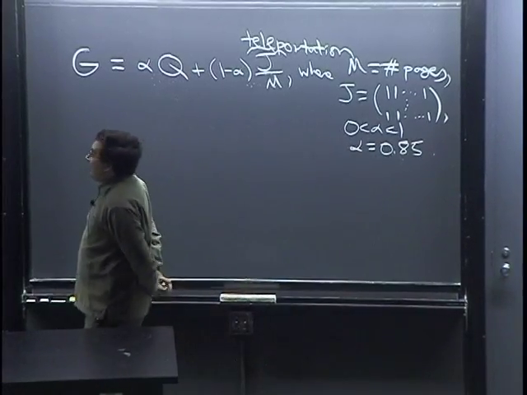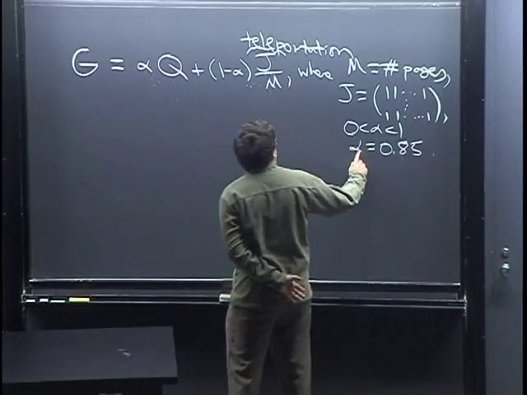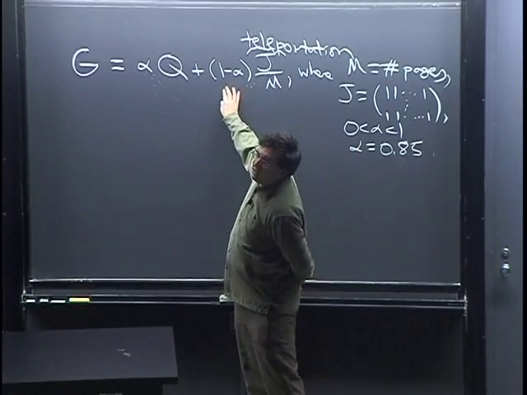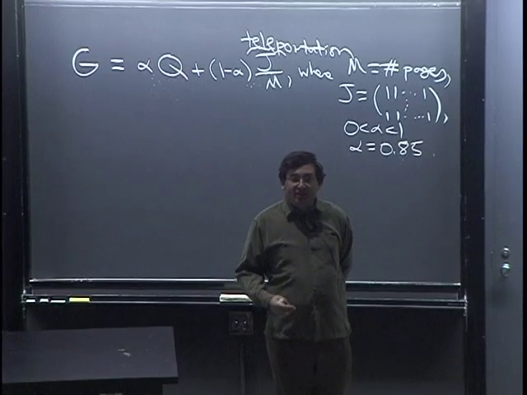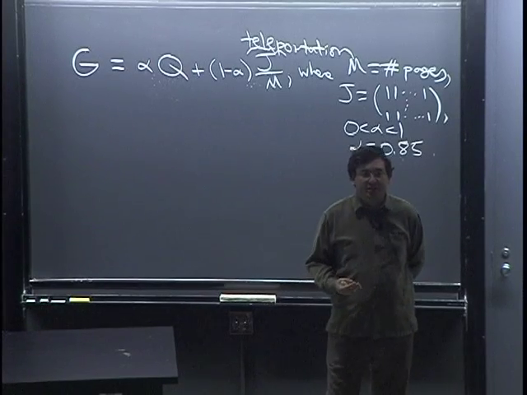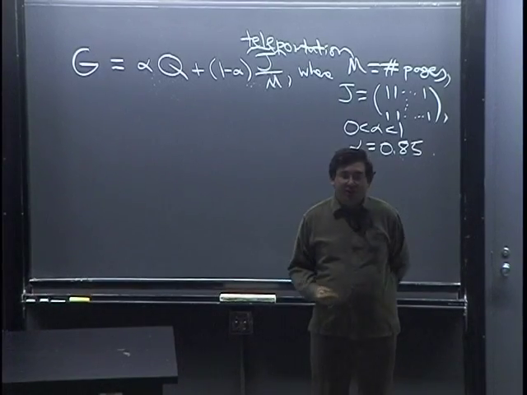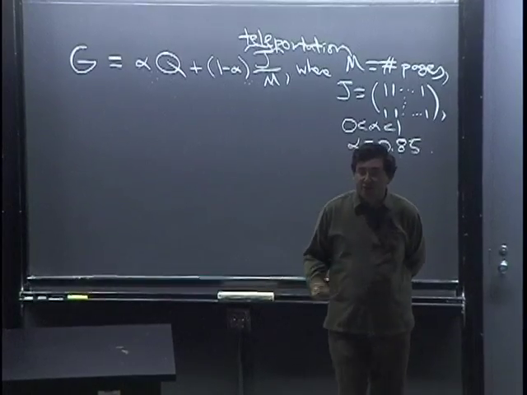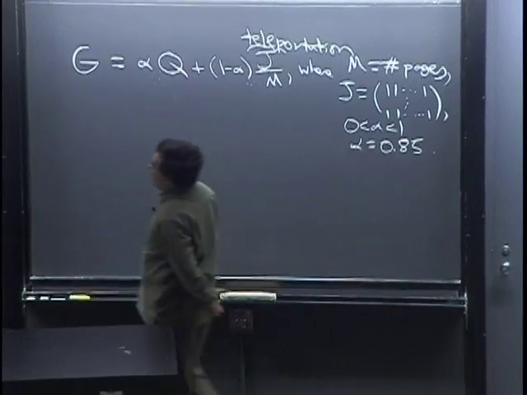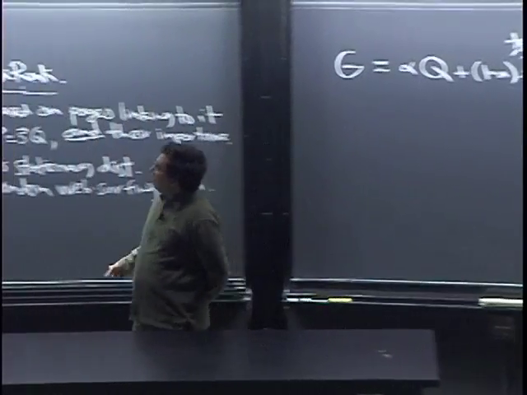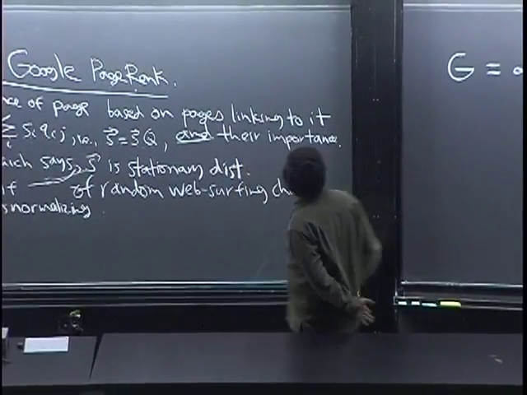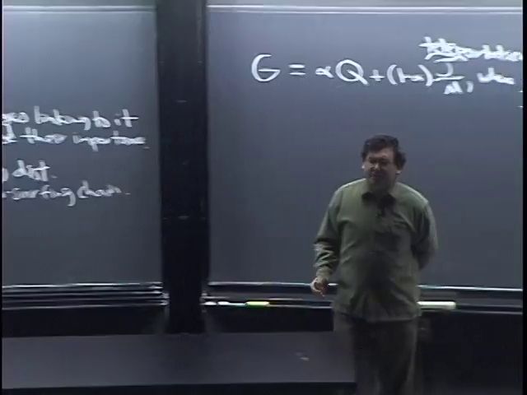The reason, not specifically for this 0.85, but the reason for adding this extra term is that, well, one reason is it makes things really nice in terms of the theory that we developed for stationary distribution. For the actual web, if we just had this part, we don't know whether it's irreducible.